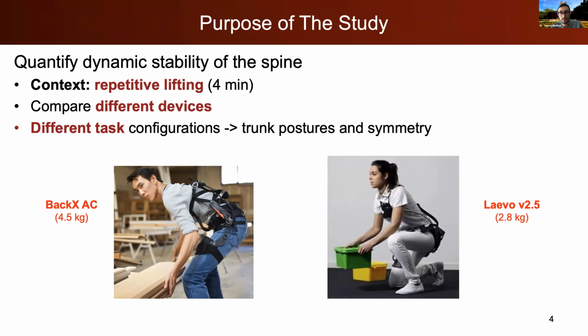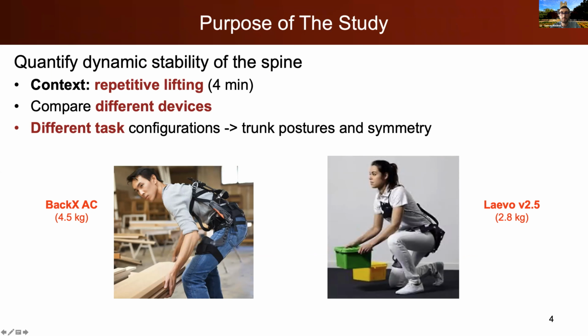So these two exoskeletons, the reason we selected these two was because, first of all, these were the only two available exoskeletons in the commercial market at the time. Also, they have different support mechanisms.